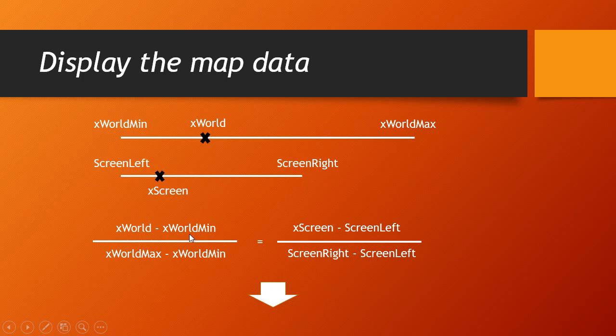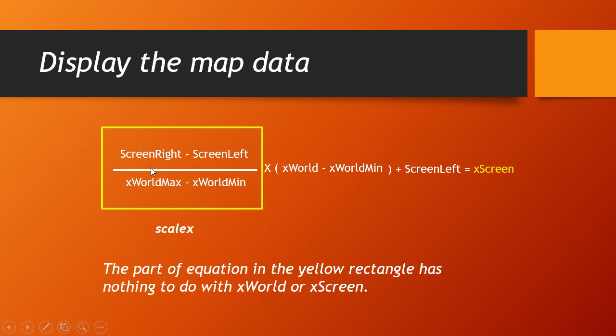Now we do some math and transform this equation into this. So here we have the part of the equation in the yellow rectangle. You have noticed screen right minus screen left divided by x world max minus x world min.